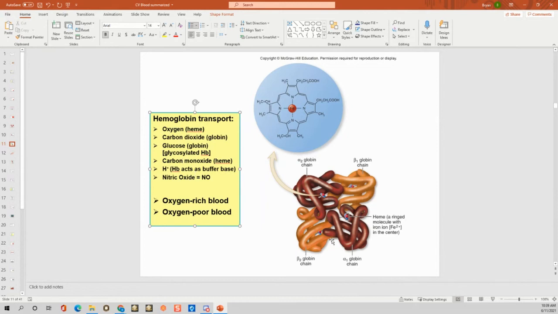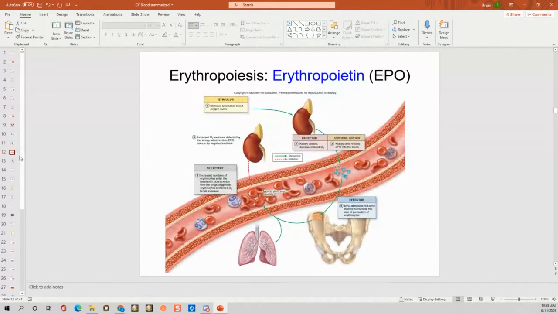The globin itself, this big raveled protein, binds carbon dioxide, glucose, hydrogens, and nitric oxide. So everything else binds to these globin chains, which is important because if carbon dioxide binds over the heme group, it's slightly bigger, so it will block oxygen from being able to bind to that heme group. We'll talk more about carbon monoxide when we get to the respiratory system, but for now, let's skip by it.